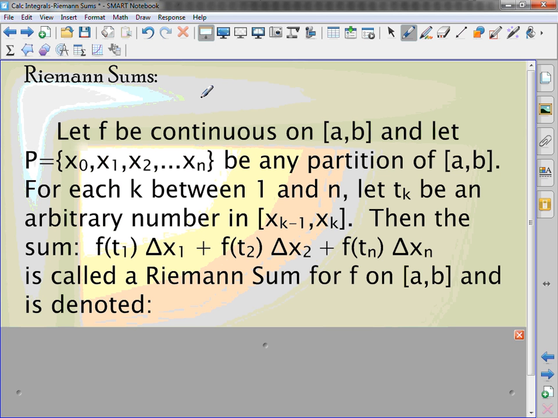Then the sum, f of t sub 1 times delta x sub 1. What does delta stand for? The change in, the difference. If I do all of them up to the t sub n's, the x sub n's, that's your Riemann sum. I know in words it sounds very bad.